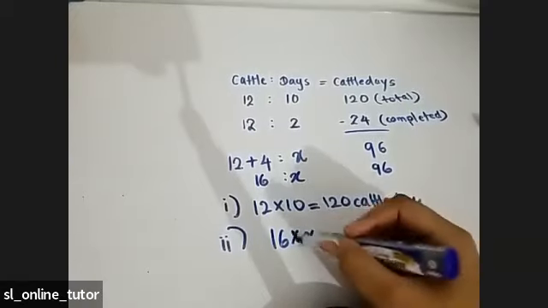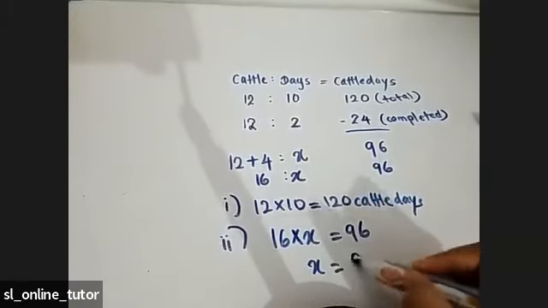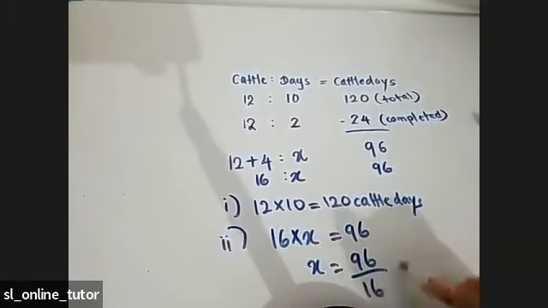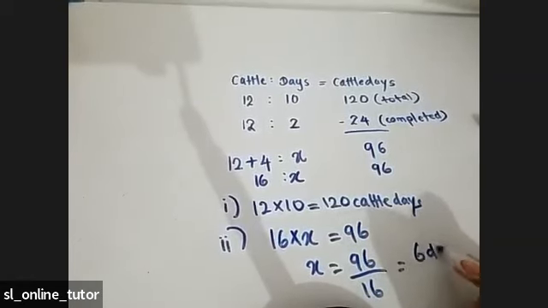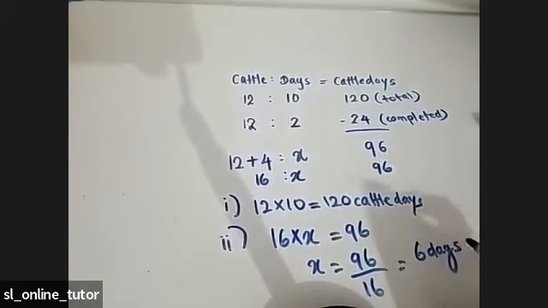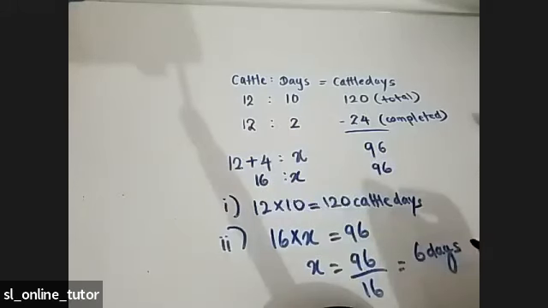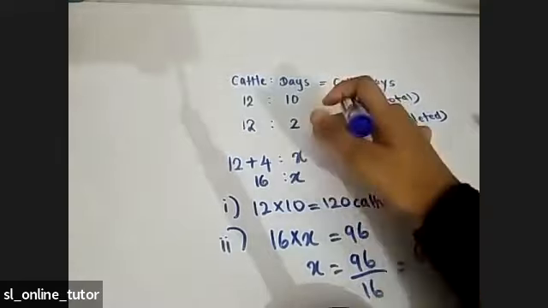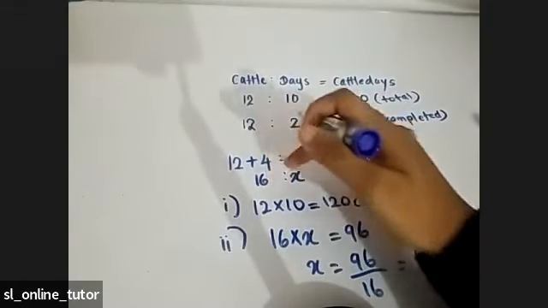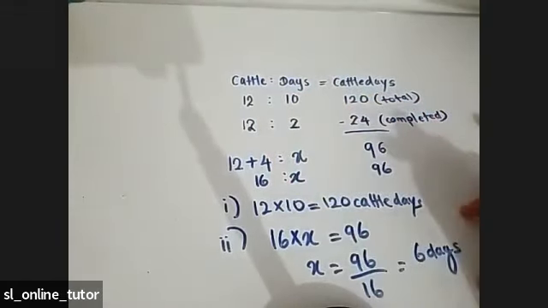Okay, so what is it? 16 times x is equal to 96, so x is 96 divided by 16. How much do you get? 6 days. The question asked what is the reduction in the number of days for which the food is sufficient due to the increase in number of cattle. So this food is enough for 16 cattle for 6 days only.